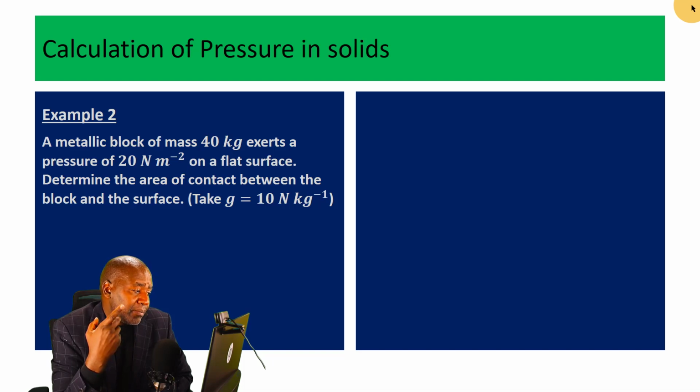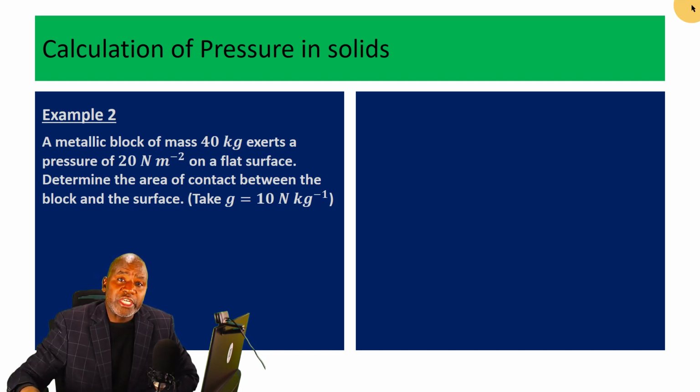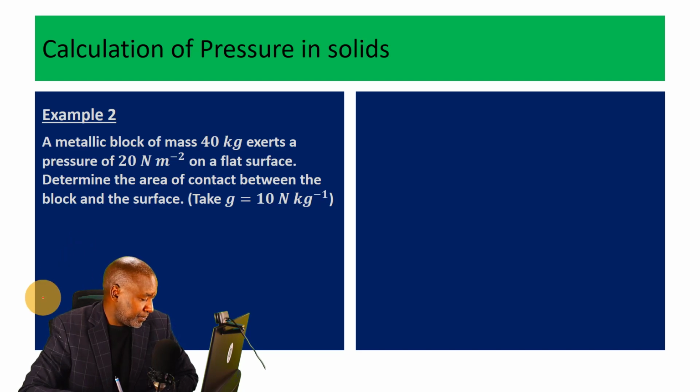You see, this time they've given you the mass of the block, from which the weight of the block can be worked out, and therefore the force exerted by the block on the ground. And they've given you the pressure. Now they want you to work out the area. The question is quite direct.